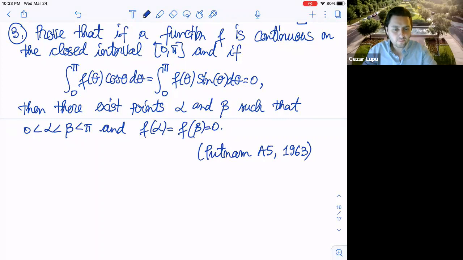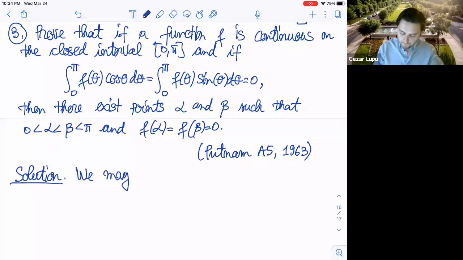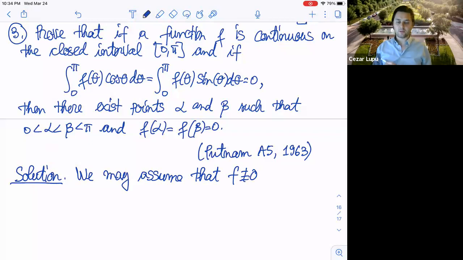Right. So let's see. Let's look at this. Well, we may assume that f is not 0. So let's assume this.